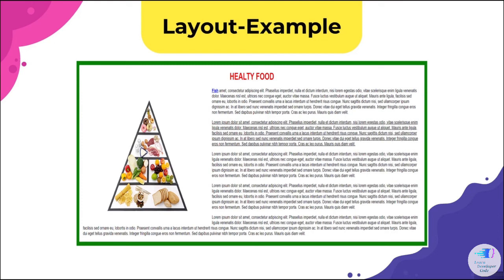Here we use the float left feature for the layout. Of course, if you wish, you may want to take the image over to the right, or you can choose different colors than the colors that we've used here.